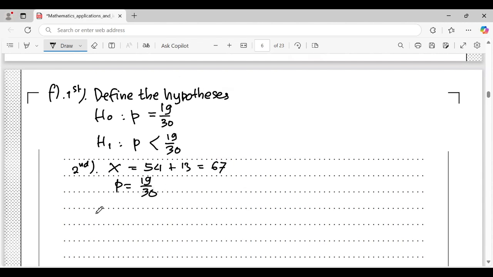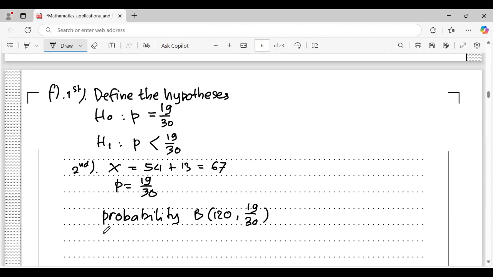That's one. And then we're going to calculate the probability based on the binomial distribution of 120, 19 over 30.